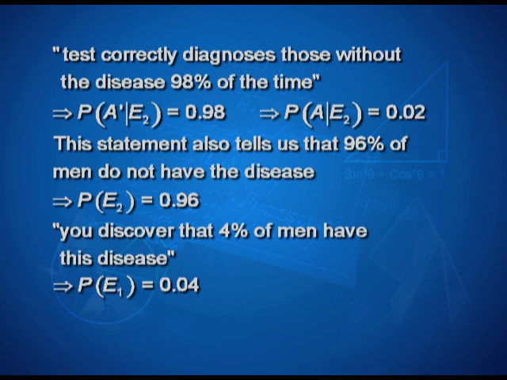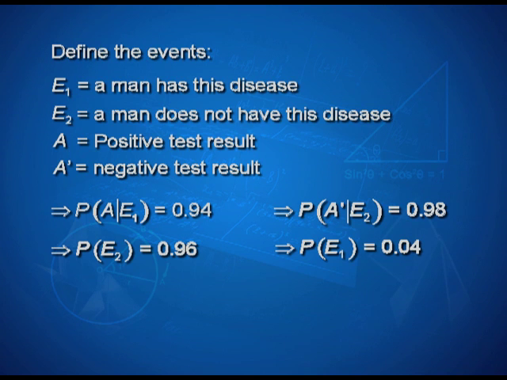So, we need to find the probability of E1 given that A has occurred. Putting them all together, the probability of A given that E1 has happened is 0.94, the probability of not A given that E2 has happened is 0.98, the probability of E2 is 0.96, and the probability of E1 is 0.04.